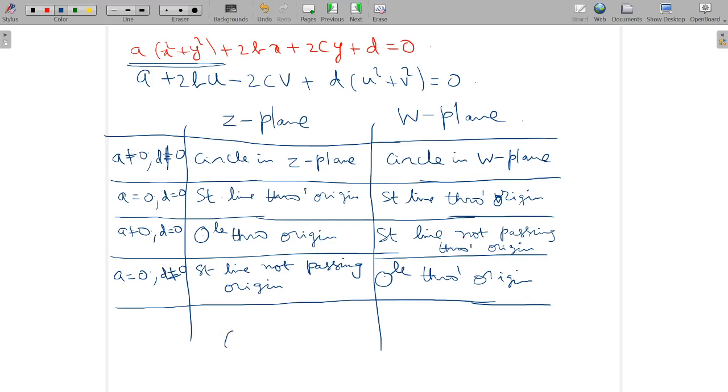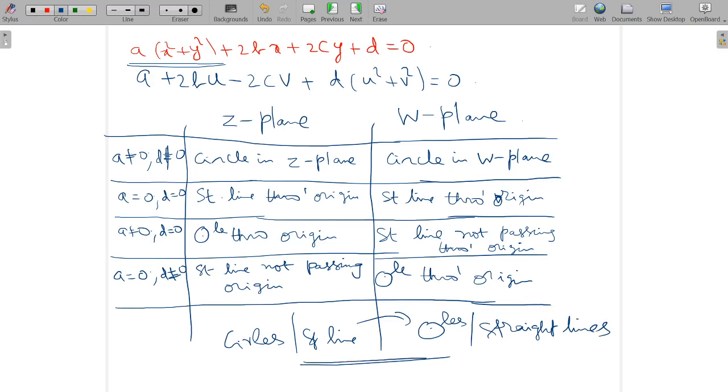Or in general, circles or straight lines in the z plane get mapped to circles or straight lines in the w plane. So this is how you discuss a particular transformation. You require two planes to discuss a transformation using complex valued functions.